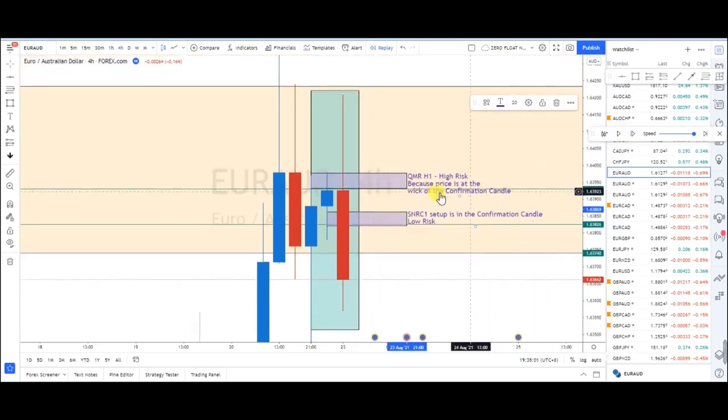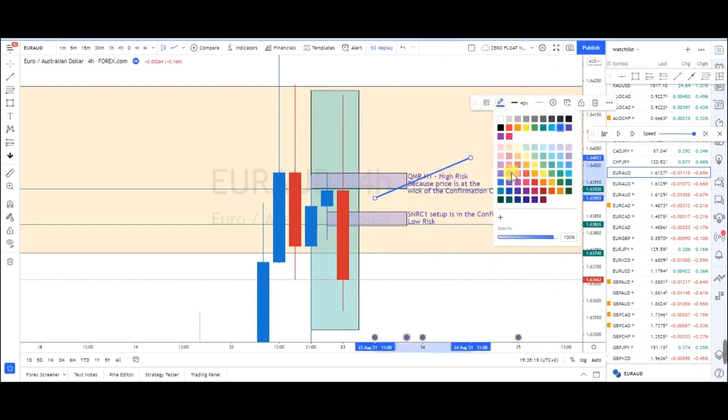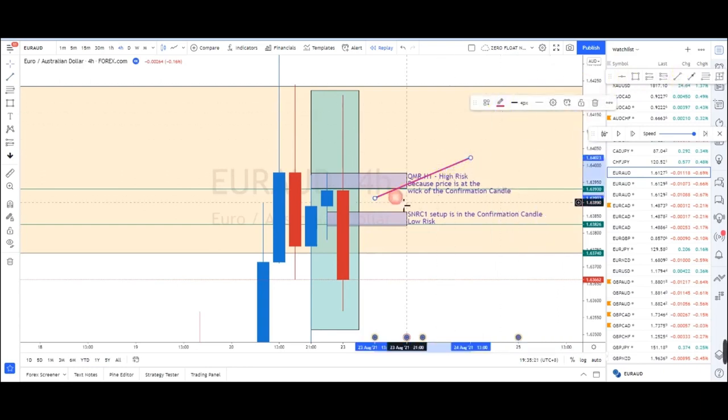So in this case, when I find that this is at the high risk of the confirmation, what I should do is I will cancel this PO. So I'm going to mark this with an X. Okay, I'm going to mark it with an X in red color. We do not want to enter the high risk setup.